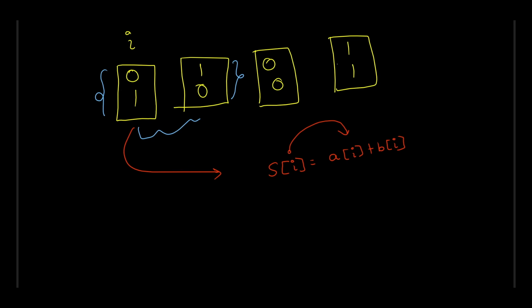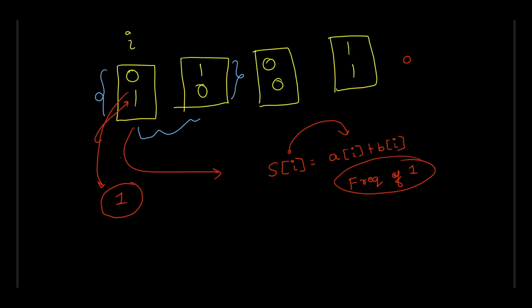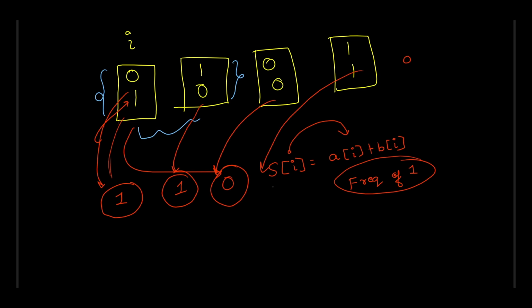And when we talk about sums in the binary world, sum is nothing but the frequency of 1. So this can get converted to just one single integer that encodes this entire information, because the ordering does not matter. This also gets converted to one integer, which is 1. This gets converted to 0 because there is no 1, and this gets converted to 2.